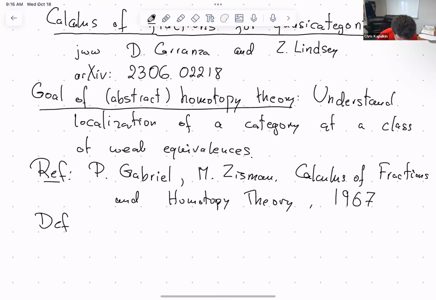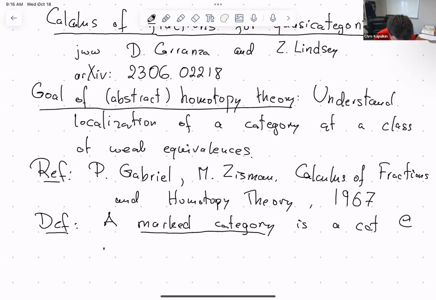Well, so they start by introducing the notion of a marked category. They don't call it a marked category, but I will give them credit for almost introducing the name. So a marked category is a category C with a collection of maps, a class of maps, W, and we call them weak equivalences.